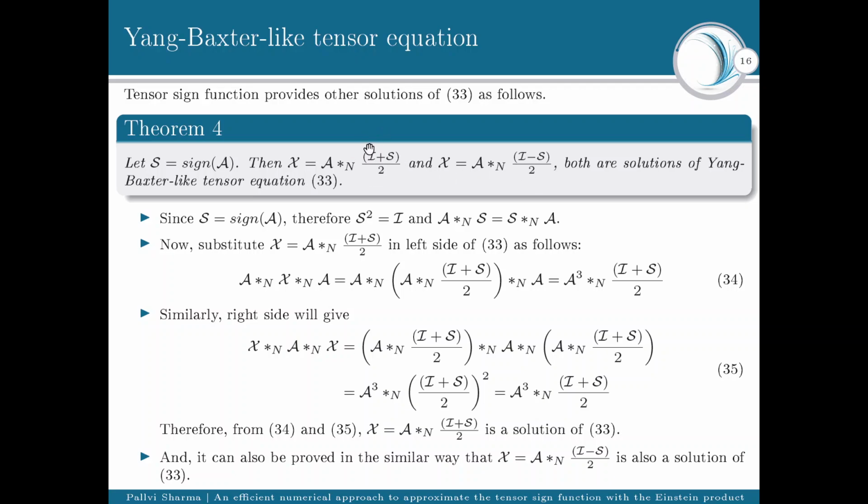We can note that here I represents the identity tensor and S is nothing but sine of this tensor A. The proof can be seen easily just by substituting both the solutions in the Yang-Baxter like tensor equation, and both of these solutions satisfy the equation, and hence these are the solutions using the sine function. So we can just apply our iterative method to compute the sine of A, and then we can compute the solutions.